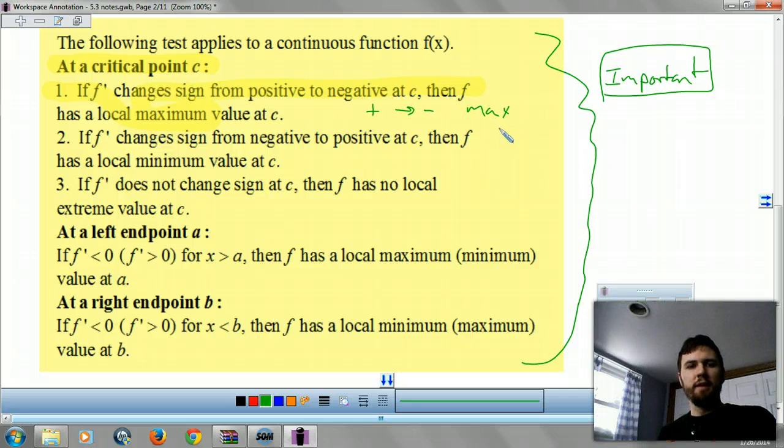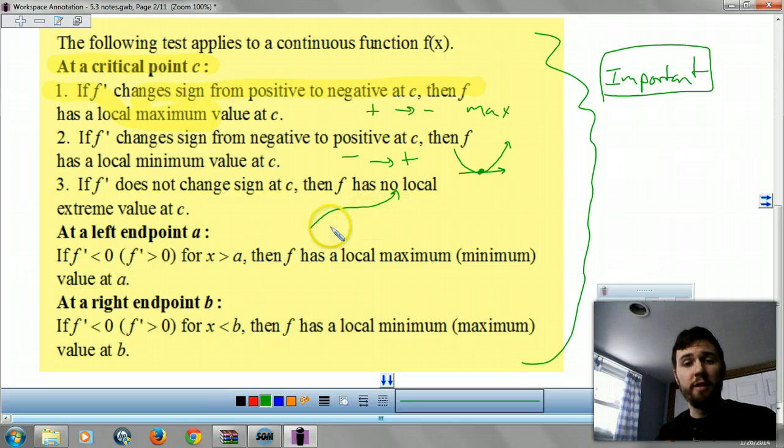If it goes from negative to positive, then it's a min. And here was your critical point. If it does not change sign, like from positive to positive, or from negative to negative, it's nothing.